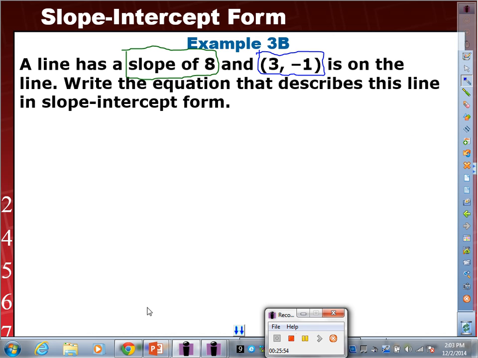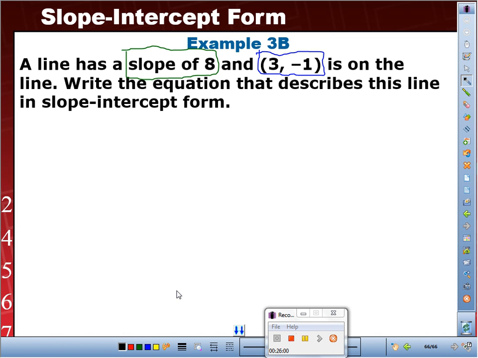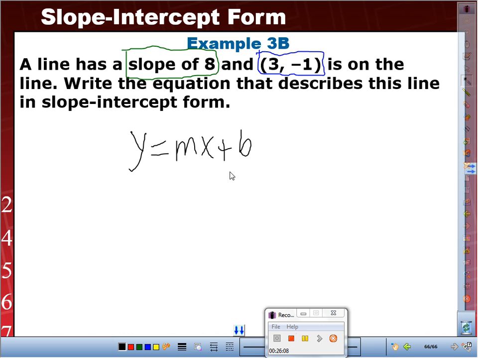Okay, so to write our equation, what would be the first thing we do, Isaac? Y equals mx plus b. That is correct. Second thing we do, Isaac? Substitute the given values.